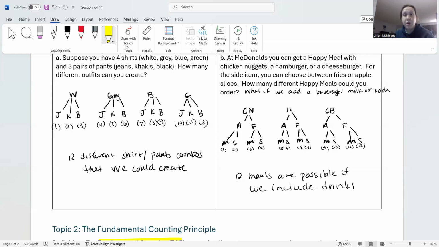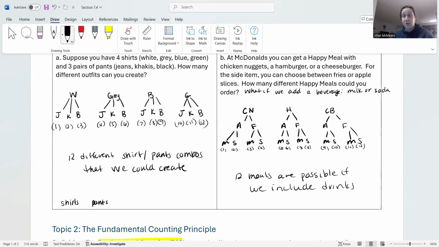There were two components that we were looking at when we were creating these outfits. We were looking at shirts and we were looking at pants. So here's what this fundamental counting principle definition was saying. You have these two things, and they can occur in different ways.